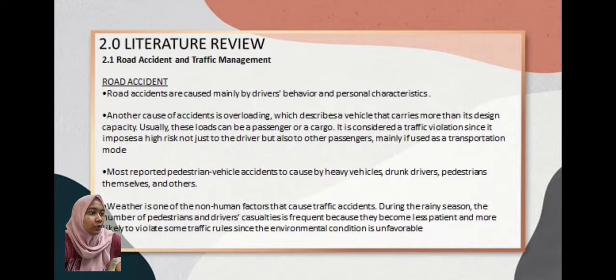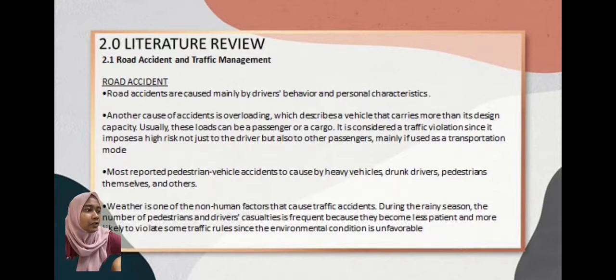Usually, those loads can be passengers or cargo. It is considered a traffic violation since it imposes a high risk not just to the driver but also to other passengers. Mainly, if used as a transportation mode.